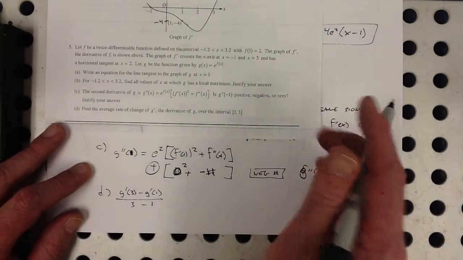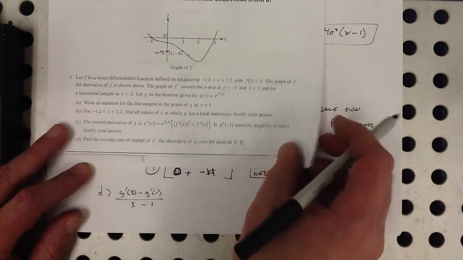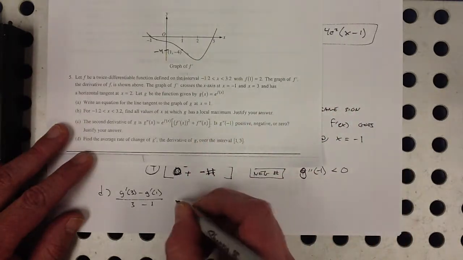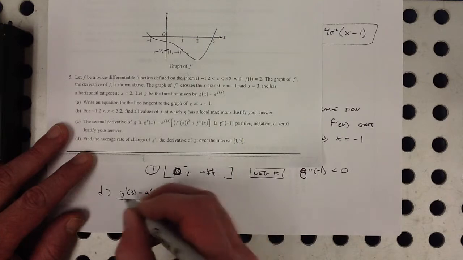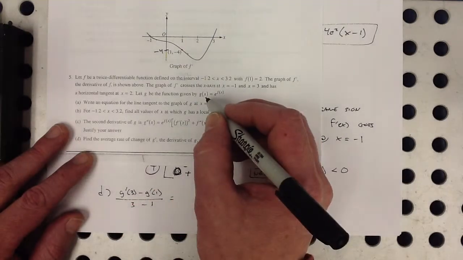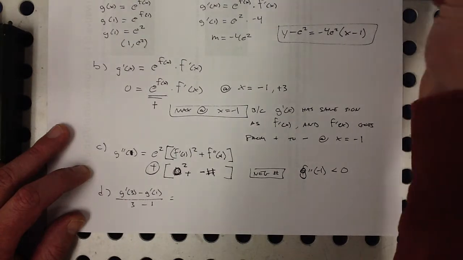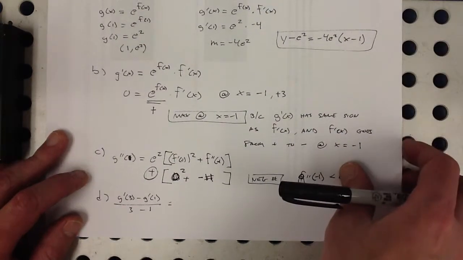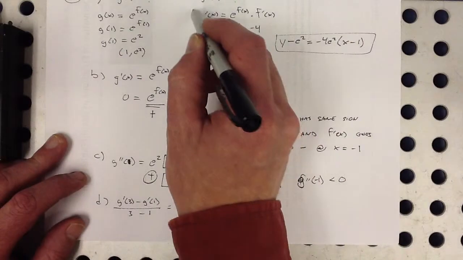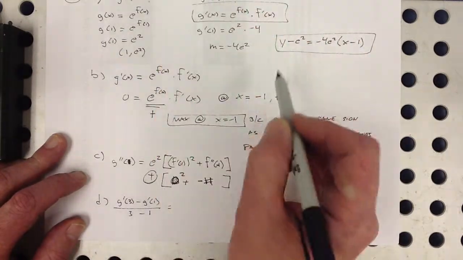Let's see, going back to what the g function is, g prime of 3, do I have g prime on here somewhere? I do. If you can see that, we have our g prime is right here.